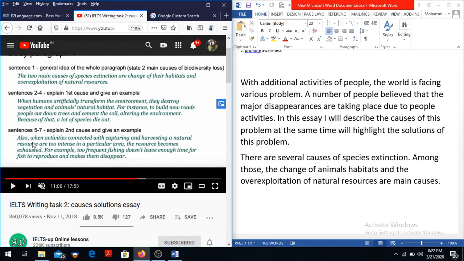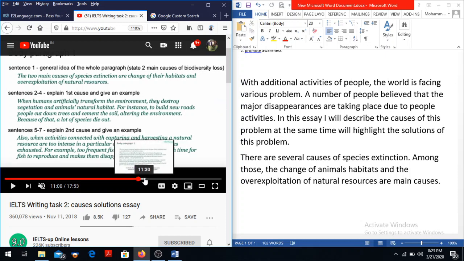The second cause is also over activities connected to the capturing and harvesting of natural resources are too intense in a particular area. The resource becomes exhausted. For example, too frequent fishing doesn't leave enough time for fish to reproduce and makes them disappear.